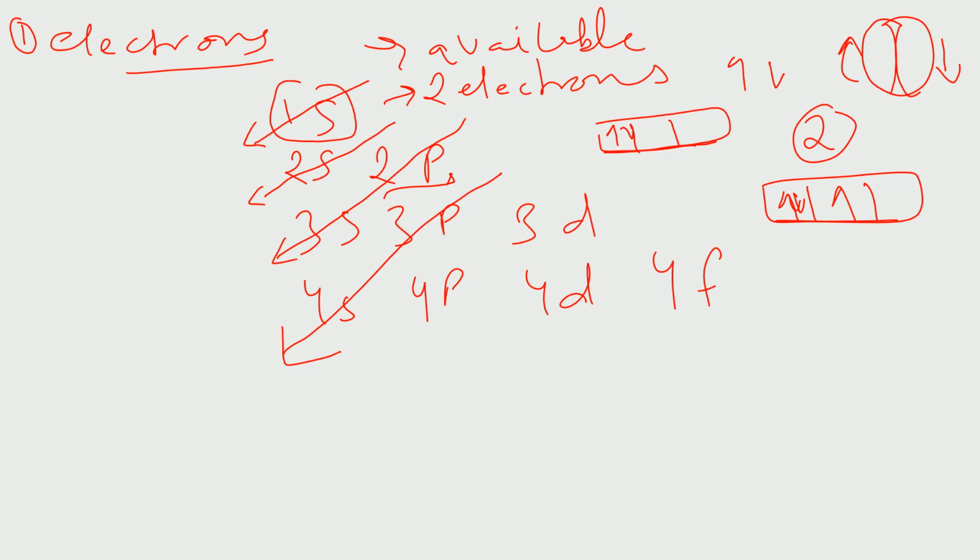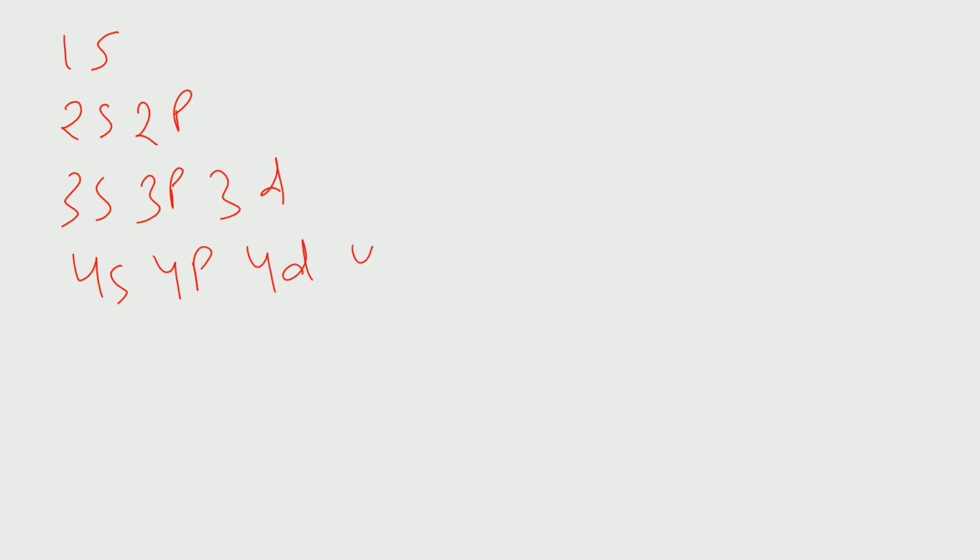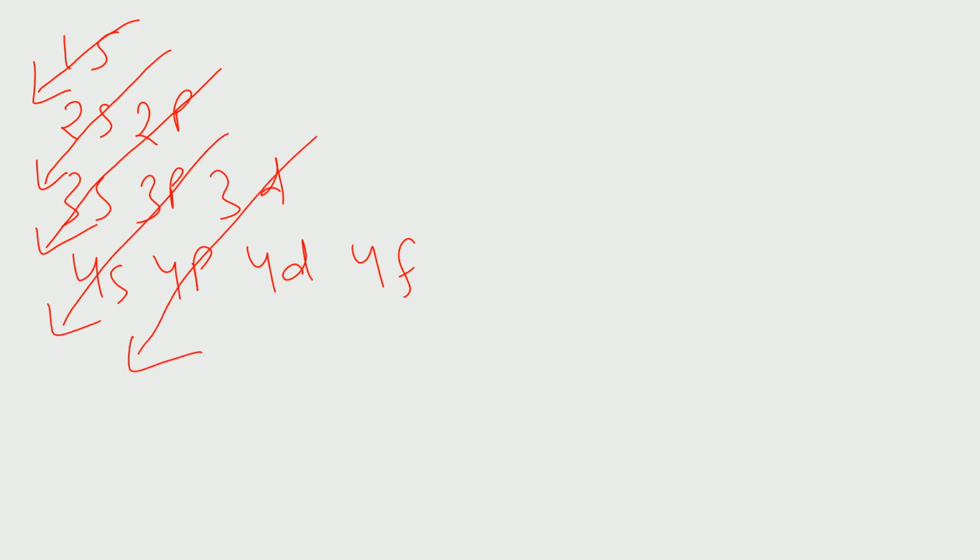Let's understand this with an example. Let's take the example of sodium and see how to write its electronic configuration. First let's draw the diagram so that we can understand which energy level to put the electrons in.